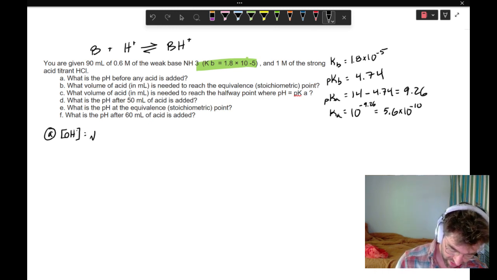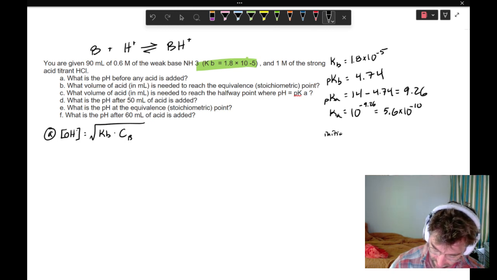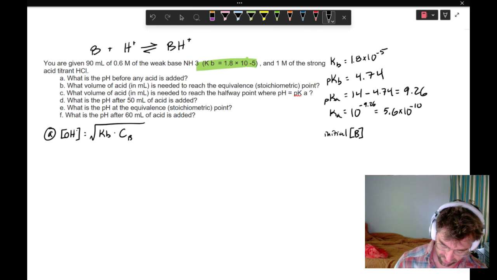And we're going to use that shortcut again, Kb times the initial concentration of base. And what is our initial concentration of our base? Let's do it over here.